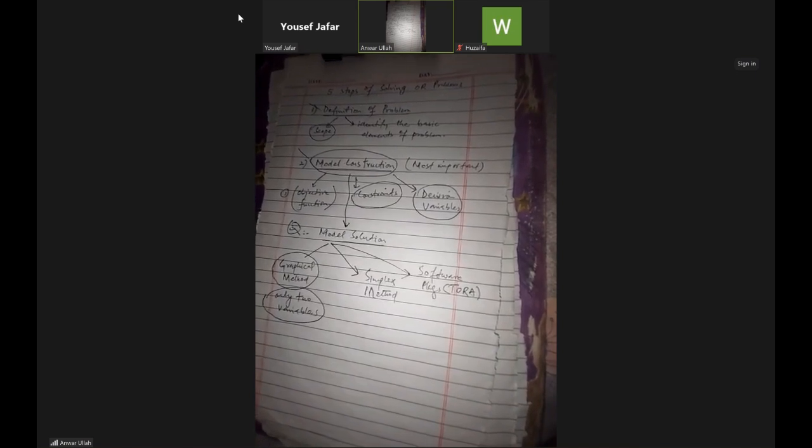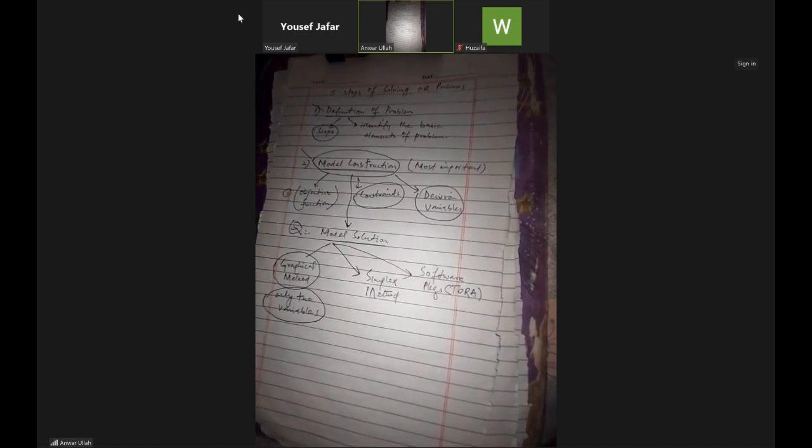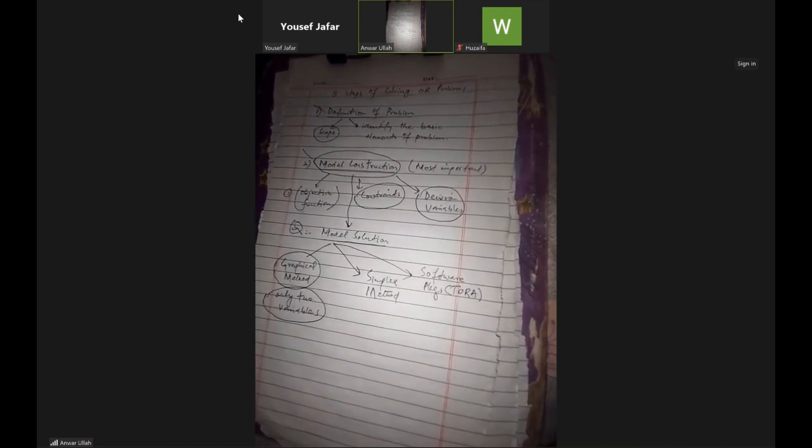So the model solution is done by using 3 main methods. The first thing is graphical method, and graphical method is utilized when we have only 2 decision variables, like we have 2 products that we want to compare, and we want to find the quantities that are best suited for the manufacturing setup or the service setup.